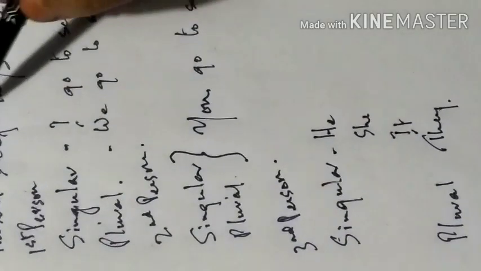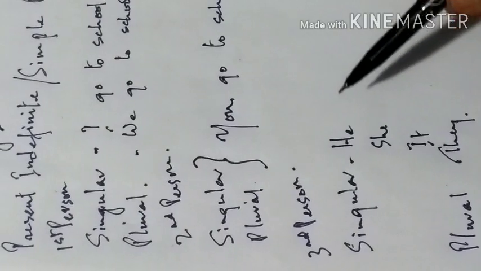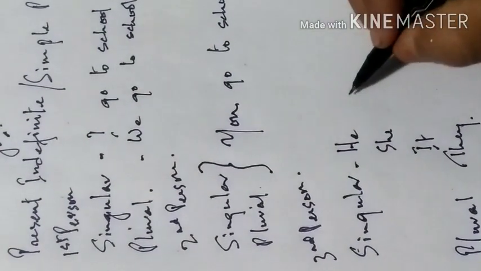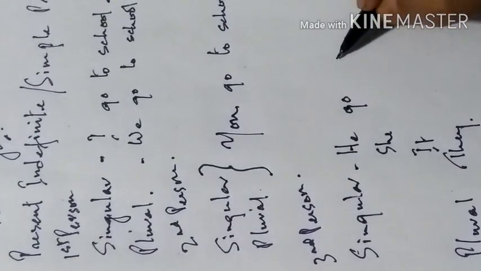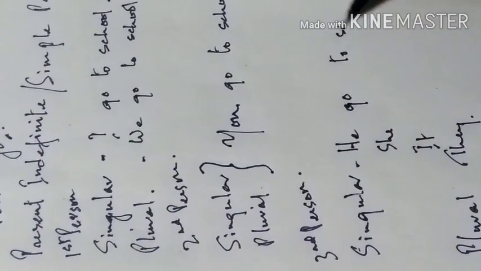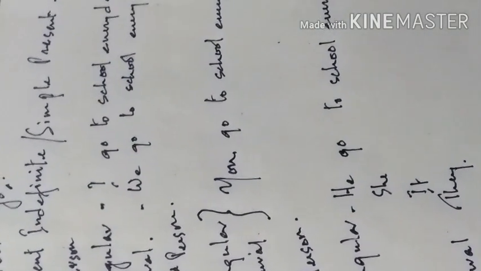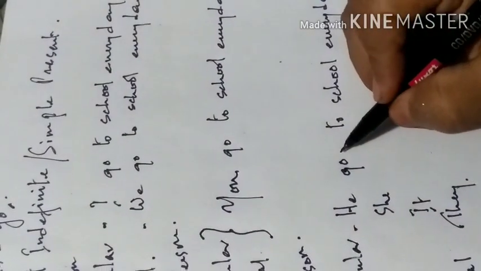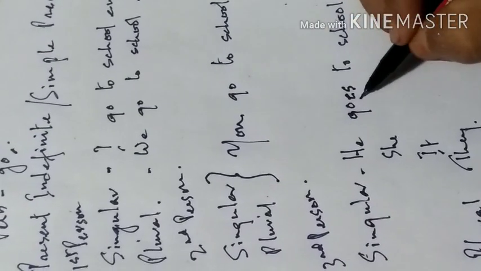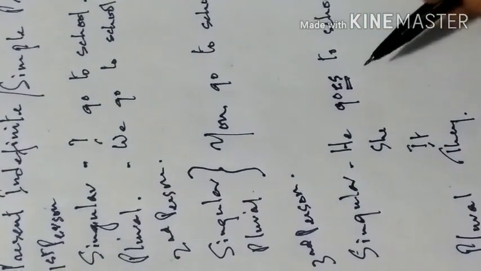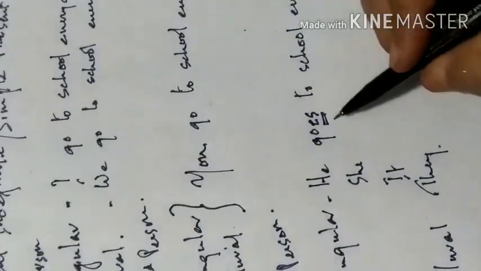Here the verb go, when I make a sentence by using third person singular, the verb go will undergo a change. I cannot say he go to school every day. I must change go by adding es, and go becomes goes. He goes to school every day.